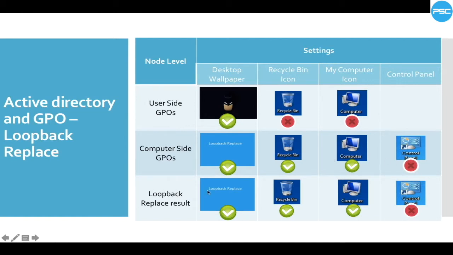So for loopback replace, the resultant will be that user side OUs are completely ignored, as well as their group policies. So testing workstations, intern workstations, whatever workstation you have set on loopback replace, those will get only computer side group policy settings. Now I'll move into my Windows Server 2016 and Windows 10 workstation to illustrate the loopback replace process properly.